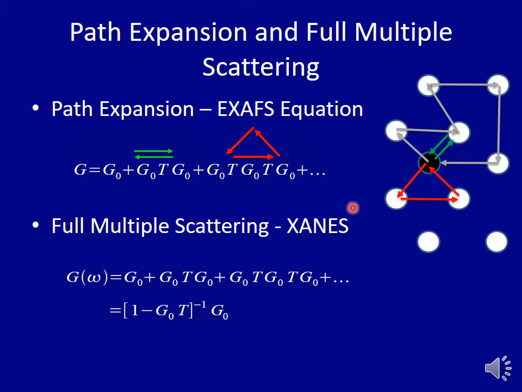Now, for the X-ray absorption near-edge structure, or XANES, it turns out that this expansion does not converge very well. And there are a couple of reasons for this. One of them is that the T matrices, or the scattering amplitudes, at low energies can be large for high angles, right?